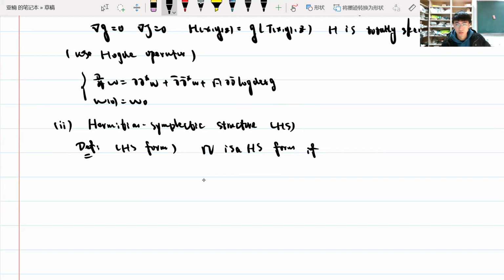it is a real and closed 2-form, such that its (1,1) part is positive.